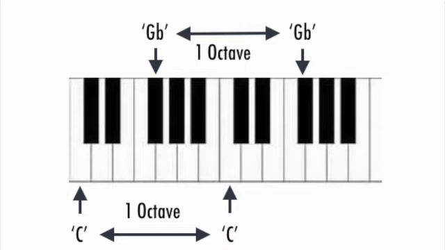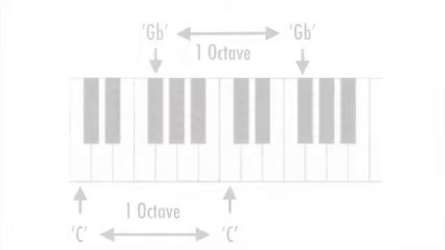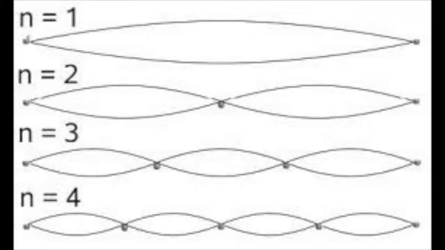This new pitch does not sound identical to the old one, but somehow the two sounds are very similar. They blend extremely well. They almost seem to melt into each other. What causes the phenomenon of octaves? Recall from our first episode that when strings vibrate to produce sound, they vibrate in partials.